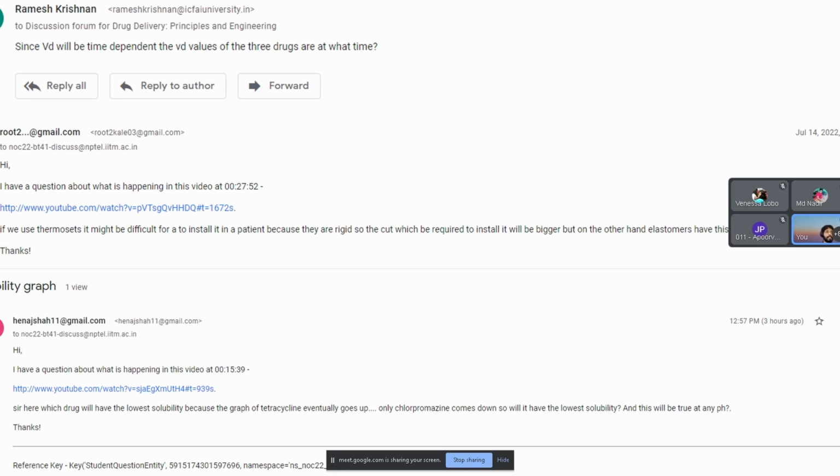Whereas elastomers can be reshaped or restructured after they've set. So the question asks, if you were to insert a thermoset in a patient, because they are so rigid, would that not require a bigger cut than elastomers? So making elastomers a much more flexible choice in bioengineering. Do you guys have any thoughts on this? Anyone?